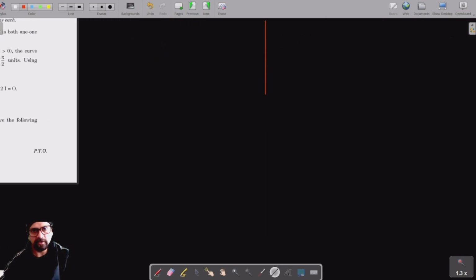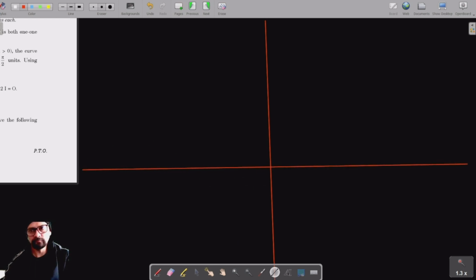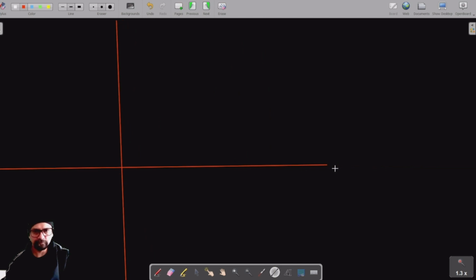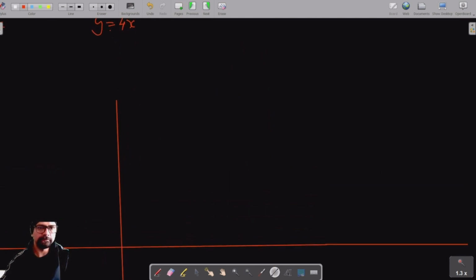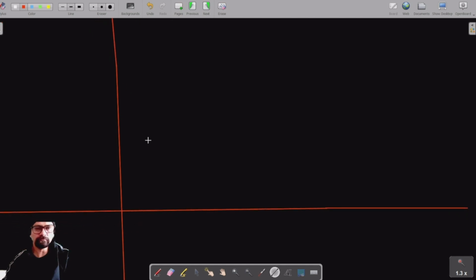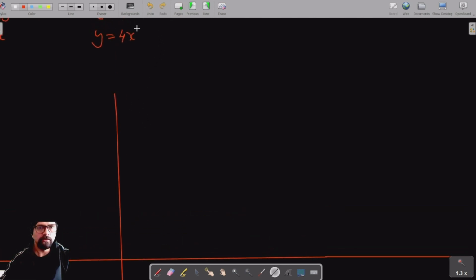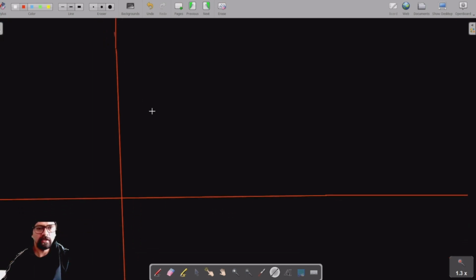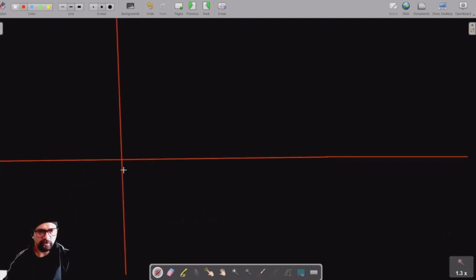Now let's get our coordinate axes. These are our coordinate axes, and we are going to use a scale of 20.